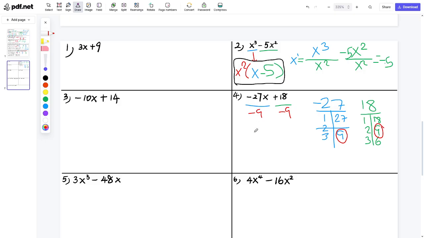Negative 27 divided by negative 9 is positive 3, and x. 18 divided by negative 9 is negative 2. All right, and there we go. That was the entire problem. Ta-da.